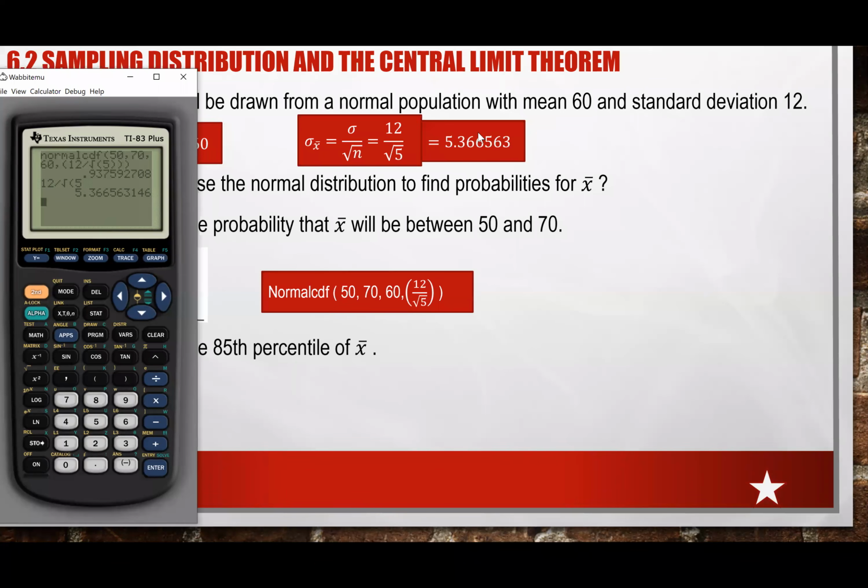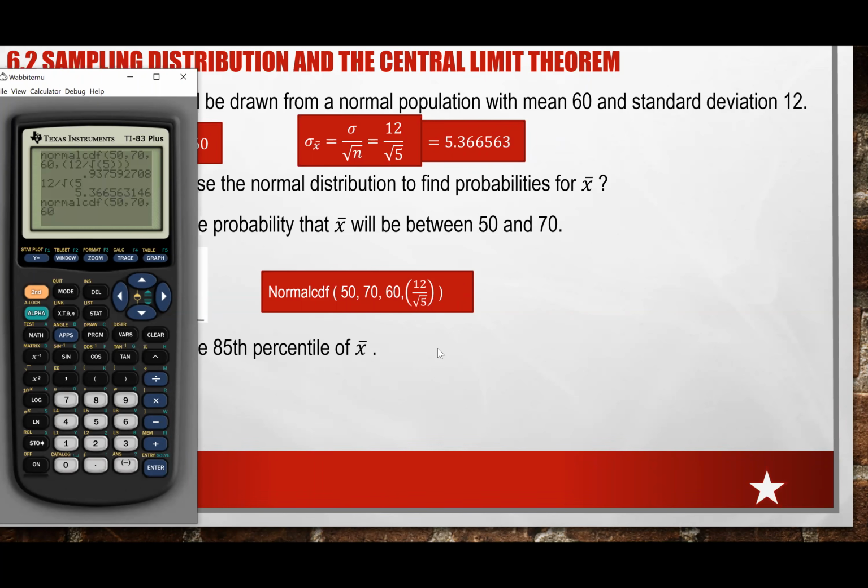Don't round your standard deviation, because let's say that you divide this and this is what you have. And if you were to type in normal CDF, 50 is my lower limit, 70 is my upper limit, my mean is 60, and my standard deviation, let's say 5.4.